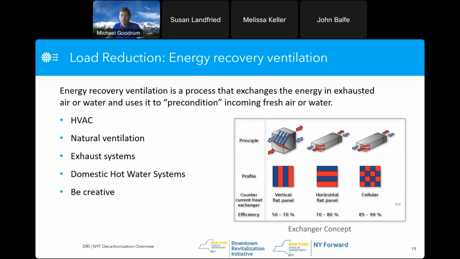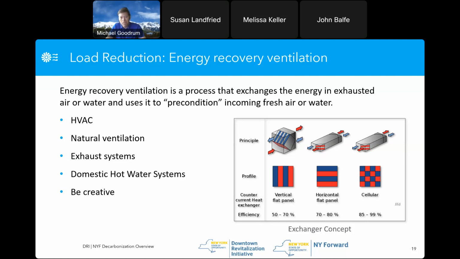Another is through energy recovery ventilation. And it sounds complicated, but it's basically just transferring heat. Say in the wintertime when you're heating the building and you bring cold air in from outside, you capture some of the heat from the warm air in the building and transfer it to the cold air as you bring it in, rather than having to heat it up from whatever temperature it is.